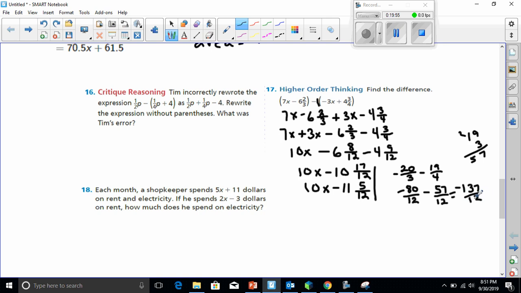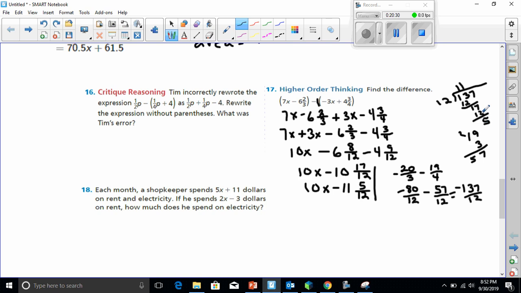And now we have to see how many times 12 goes into 137. Remember, every fraction is really a division problem. So if this is 137 divided by 12, first of all, 12 goes into 13 one time, leaving 1 left over. And then 12 goes into 17 one time, which would have given me a remainder of 5.